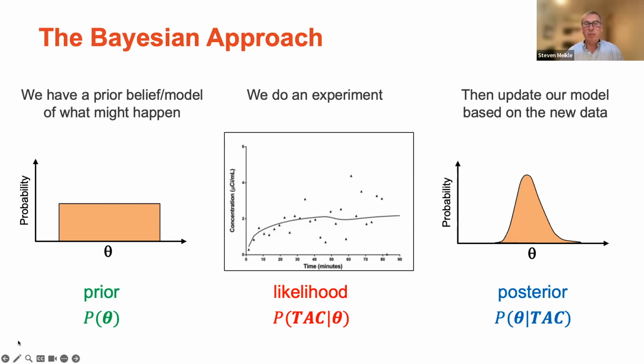And then after having performed the experiment, we update our prediction model based on the newly observed data. And that gives us another probability distribution. So we now have the conditional probability that our vector of model parameters are true based on the observed data. So that's our posterior density function.